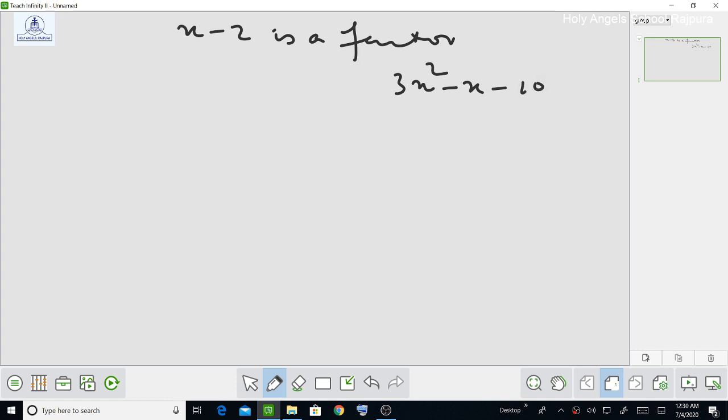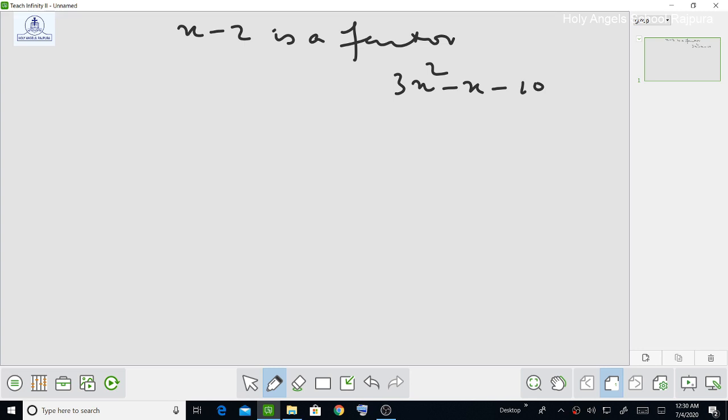We are not doing the trinomial factorization and finding out whether x minus 2 is a factor or not. By the factor theorem, we are simplifying and checking whether it is a factor. Then we do the division and see if it divides completely into the polynomial 3x square minus x minus 10.